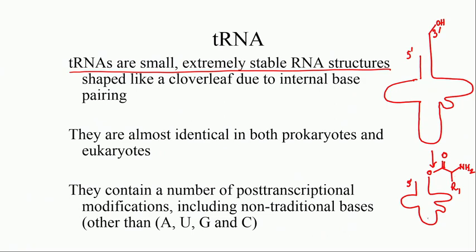Now, tRNA has another very important aspect, and that is the anticodon site. When tRNA has to bind to the ribosome to supply this amino acid, how does it know where to bind?